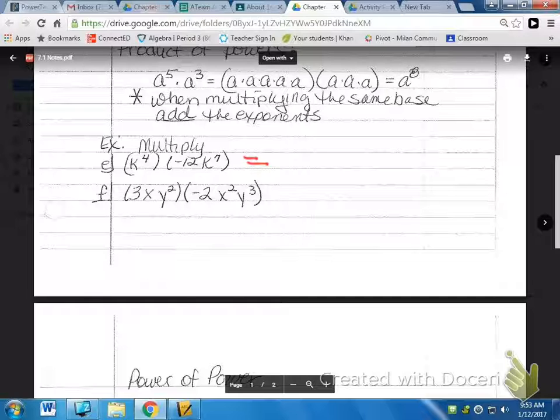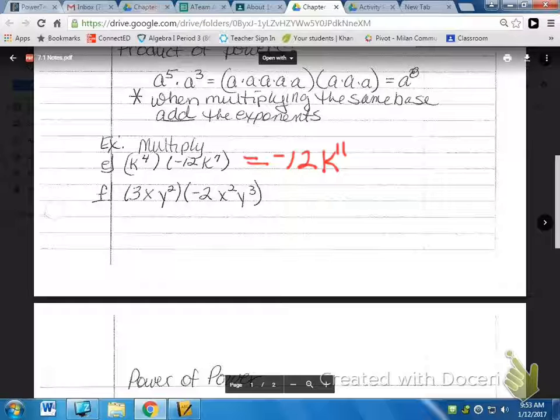The number in front of k to the 4th is automatically a 1. You knew that. 1 times negative 12, because they're not the same base, would be negative 12. But, Jared, what about k to the 4th and k to the 7th? Right, which would be k to the 11th. So negative 12 k to the 11th is what you'd write.